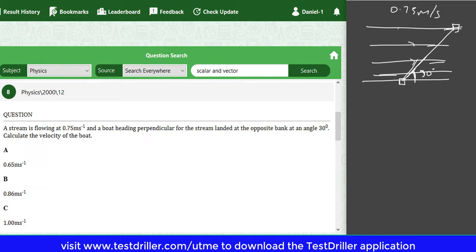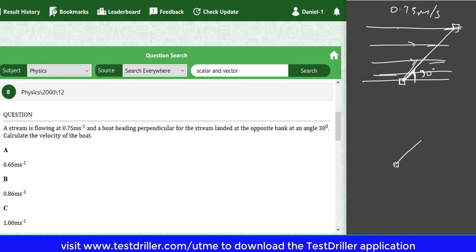So the question is, what's the velocity of the boat as the boat traveled along the stream? At what speed or velocity rather did the boat travel? So let's break it down this way. So here's the boat, right?